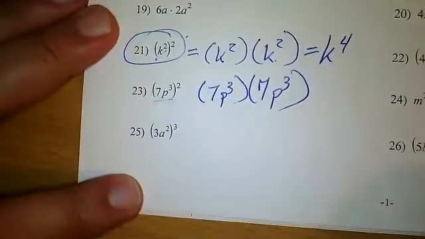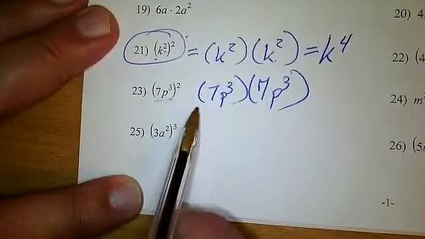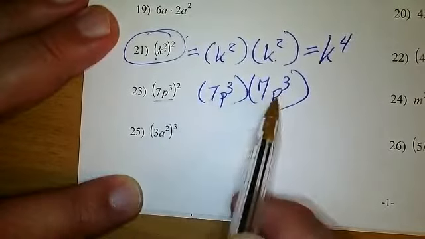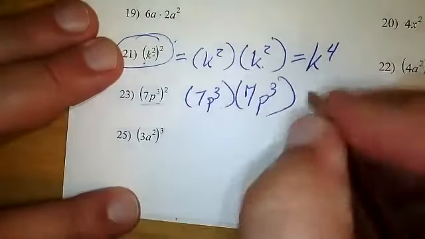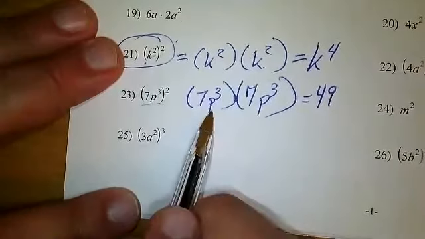So what's my number in front of the answer going to be? Remember, I'm going to multiply those two numbers together, right? What do I get when I multiply 7 and 7? 49.